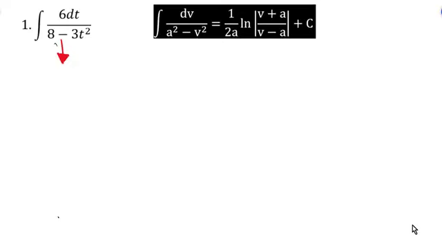The first step here is that we need to have an a squared. We don't have an a squared here, so we need to make this 8 a square. How are we going to do that? Pretty simple. First, I'm going to put aside the 6. You know that this is a simple rule in integrals: whenever you want, you can put aside the constant. So I'm going to put it outside the integral.